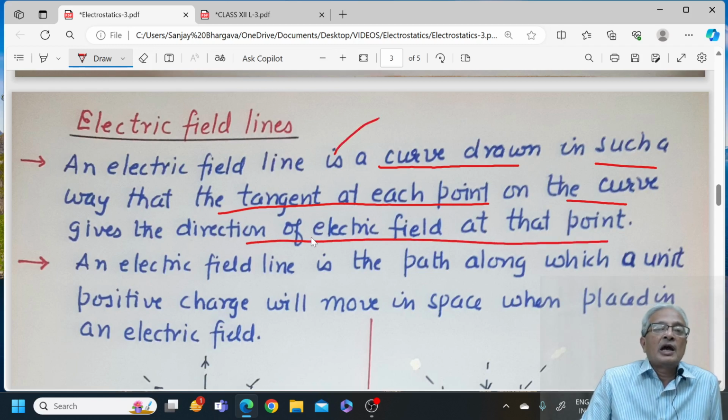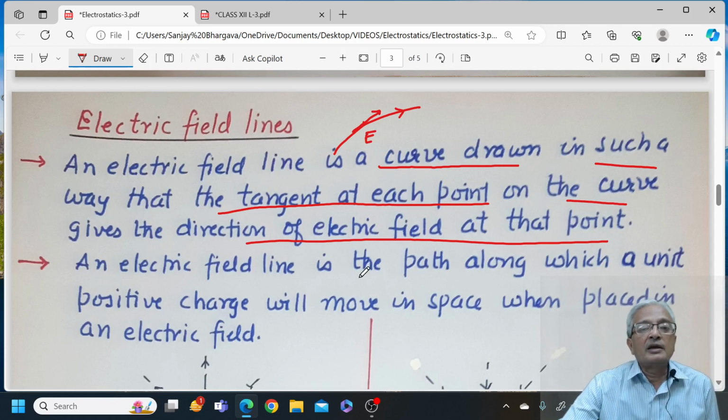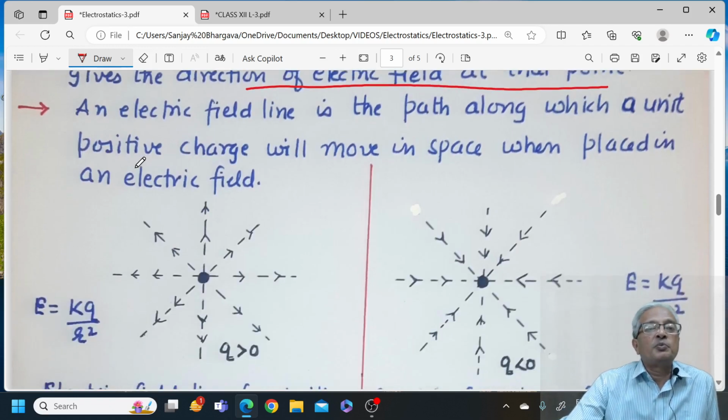Now suppose I have a curve like this, I can draw a tangent at this point, then the direction of the tangent would give me the direction of the electric field at this point. Electric field line is a path along which a unit positive charge will move in space when placed in an electric field. So what is an electric field line? It's a path along which a unit positive charge would move when placed in the electric field.